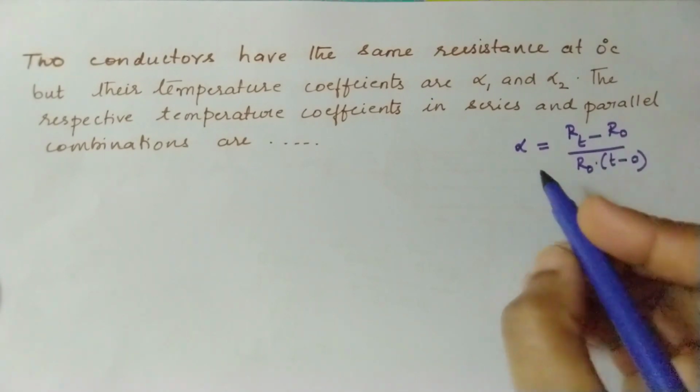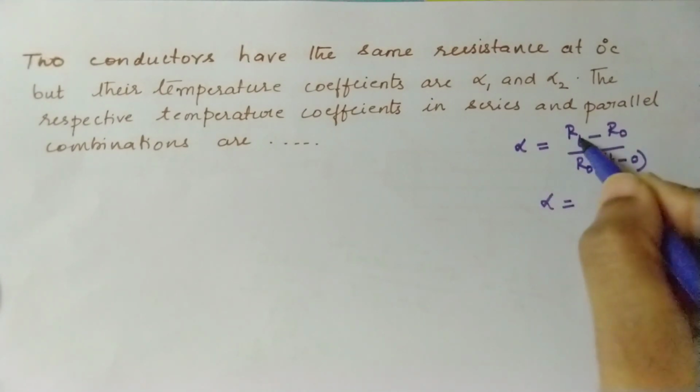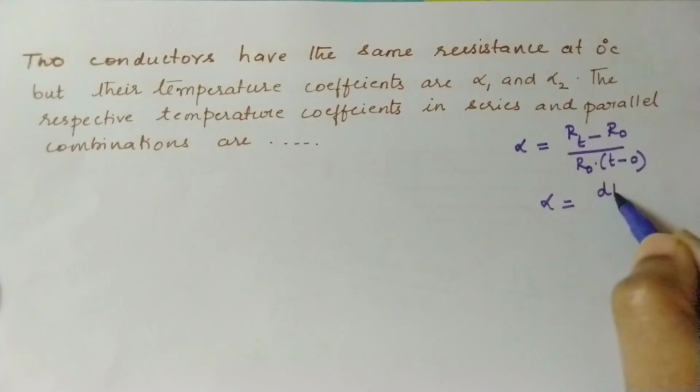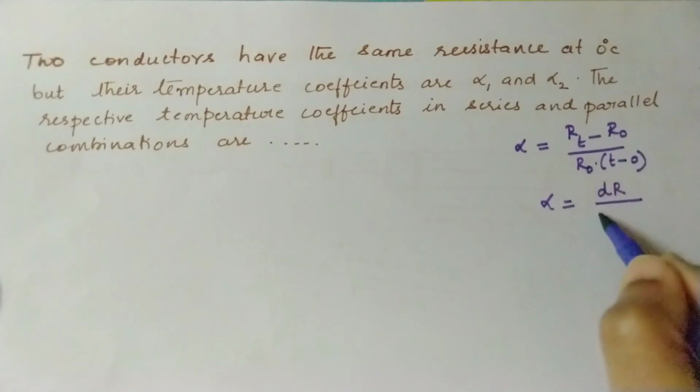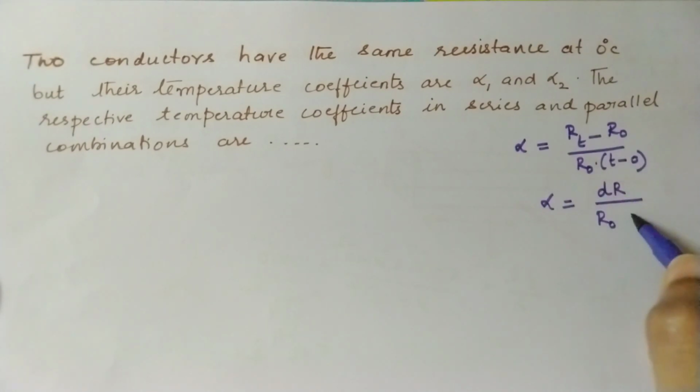Because we are going to differentiate the relation, I will write this alpha as change in resistance dR by initial resistance at 0 degrees R naught, and the temperature difference I am writing as dt.